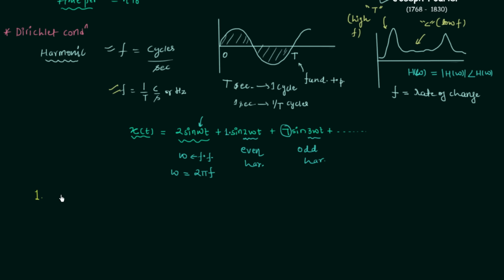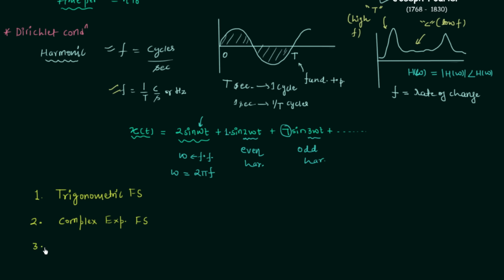The first one is known as trigonometric Fourier series expansion. The second one is known as complex exponential Fourier series expansion, or simply the exponential Fourier series expansion.